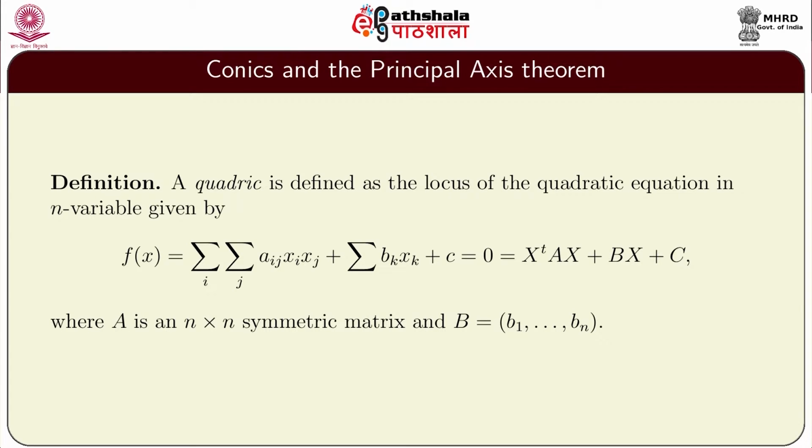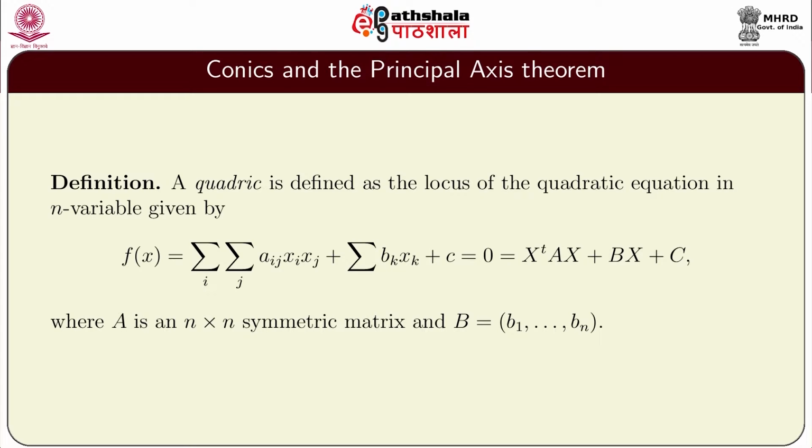A quadric is defined as the locus of the quadratic equation in n variables given by f(x1, x2, ..., xn) = double summation over i and j of aij xi xj plus summation bk xk plus c = 0. So, the indices i, j and k run from 1 to n.